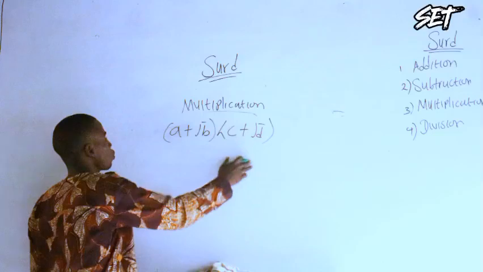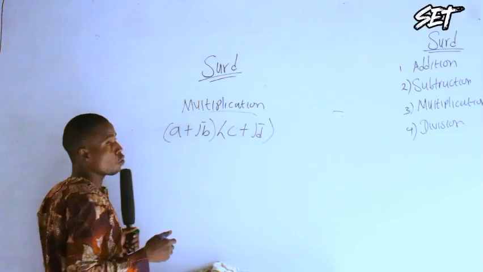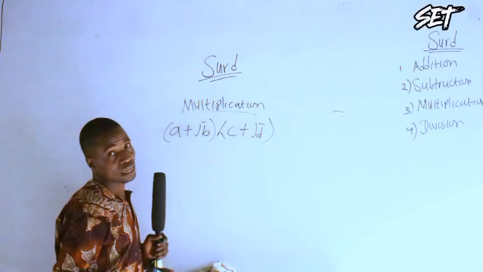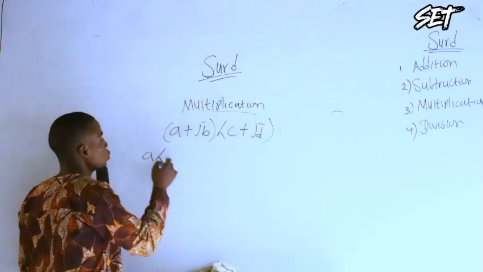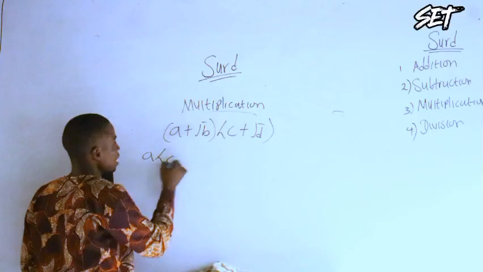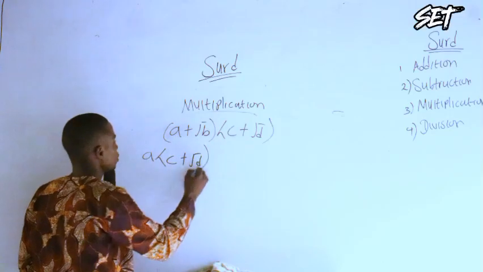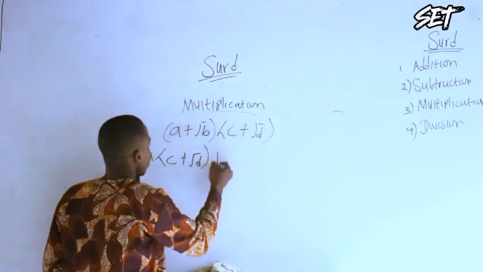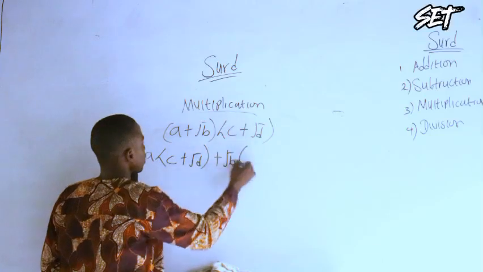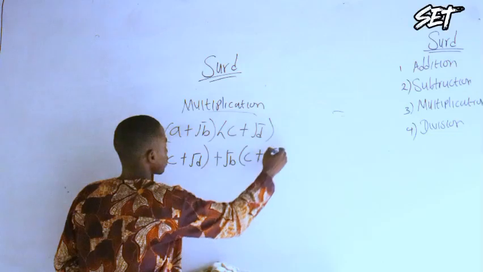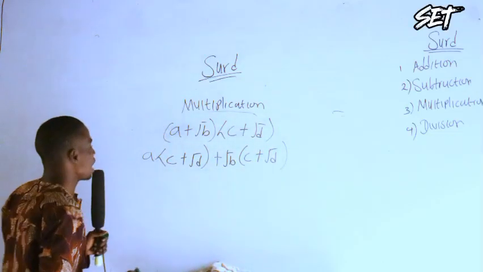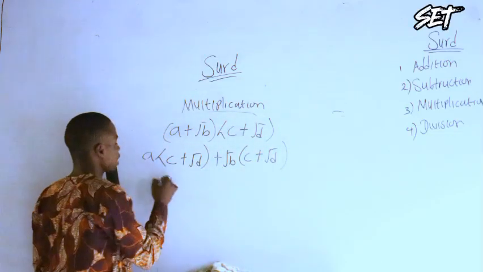How can we solve this one? It is very simple, by opening the bracket. This one will be A. You write all this one, C plus root D. Then write this one, root B, times all this one, C plus root D.